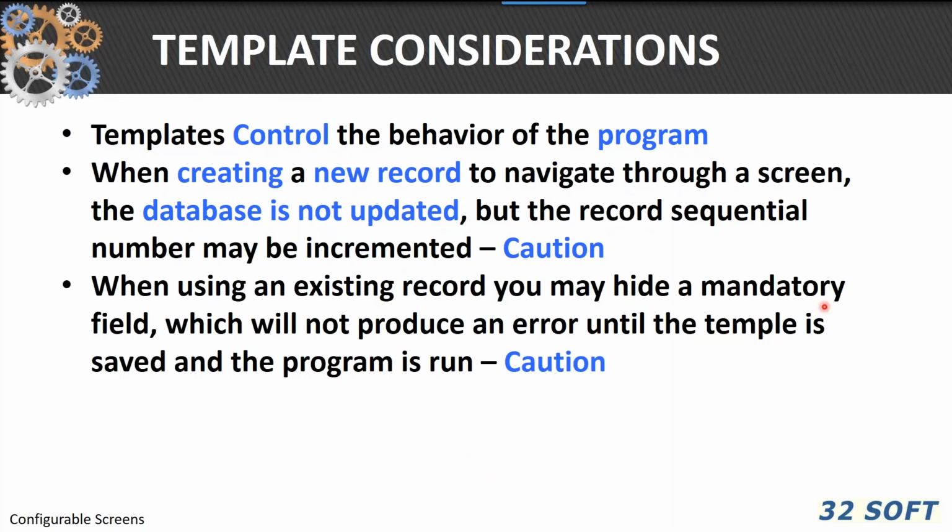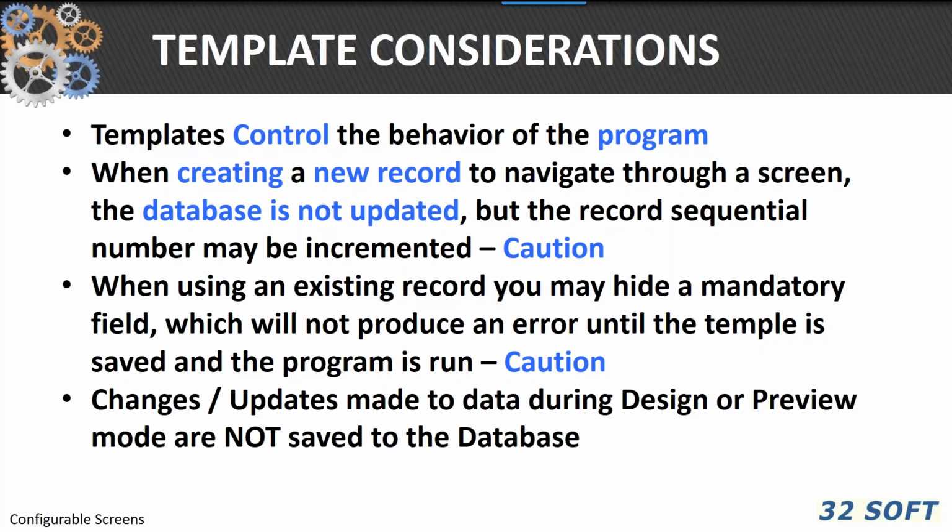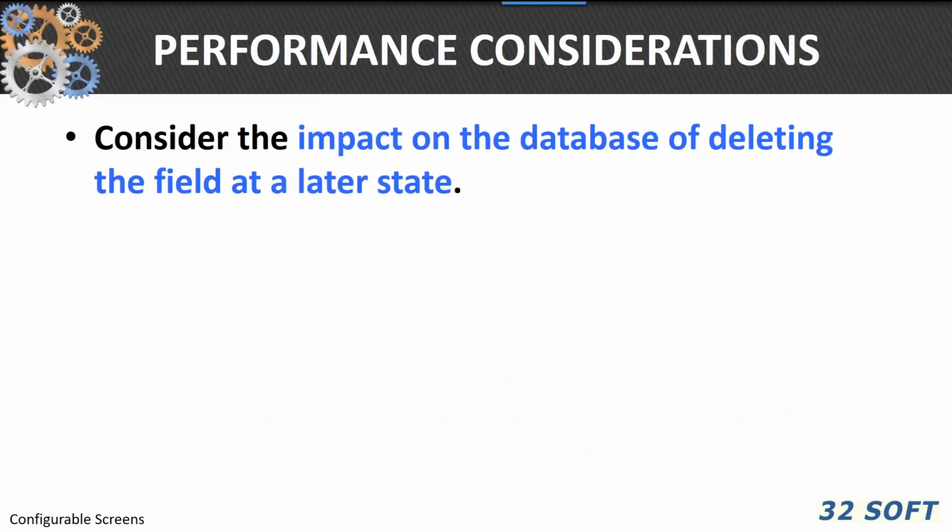When using an existing record, you may hide mandatory fields, which will not produce an error in the template, but it could when you run it in production. So changes and updates made to data during the design and preview mode are not saved to the database. That helps you with actually creating and modifying them.